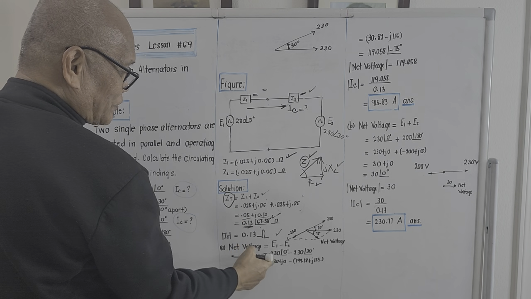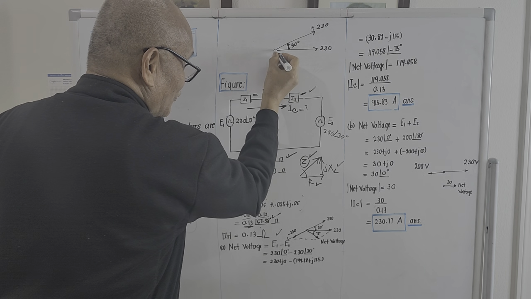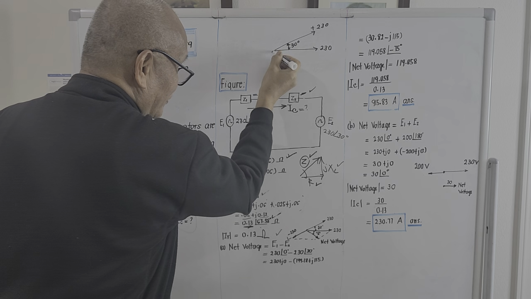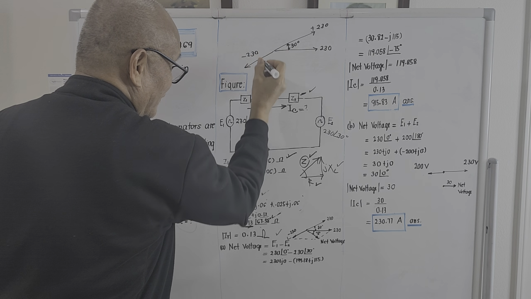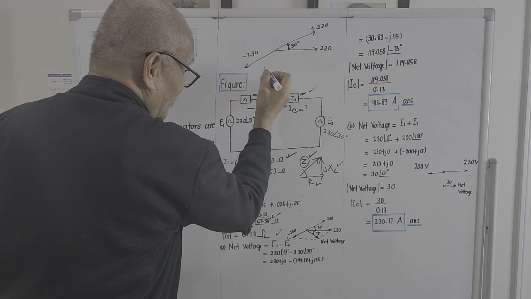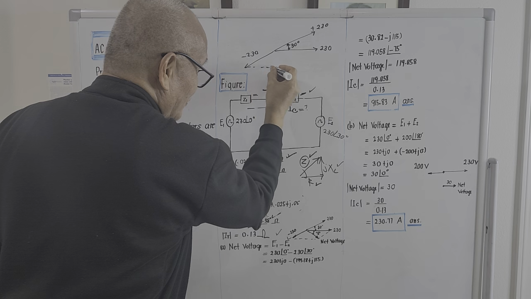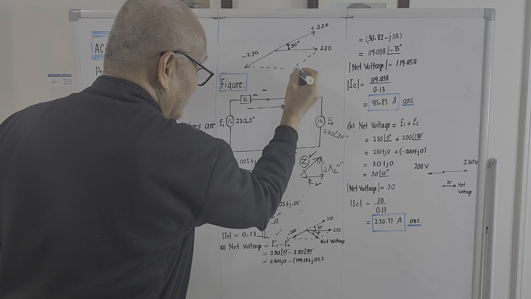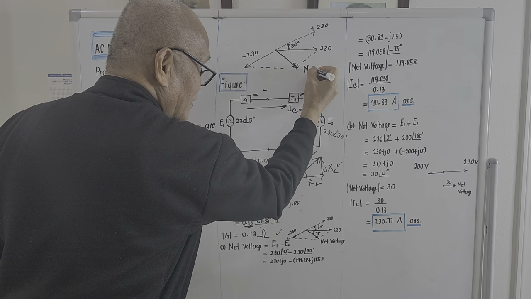But we are subtracting, right? So this is plus 230. So if we try to take the reverse of this, we go to this direction. This is actually minus 230. Okay? And if we try to take the vector sum of this plus this, we use the so-called parallelogram method. Okay? So this should now be the net voltage.